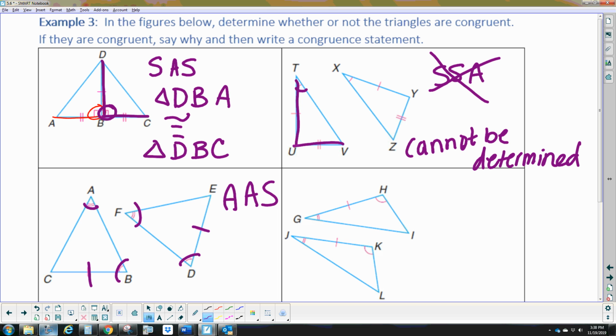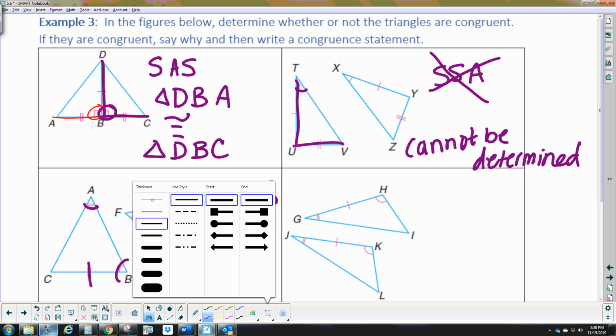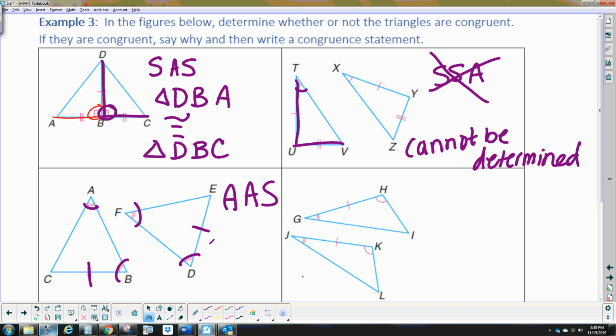A and F are congruent angles, so they have to go in corresponding parts for our statement. And then B and D are congruent. And then lastly, BC and DE are congruent. So triangle ABC is congruent to triangle FDE.